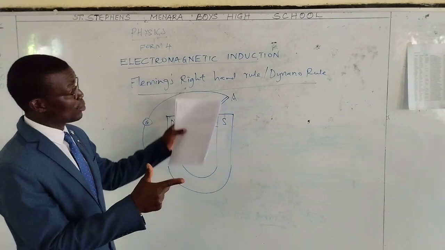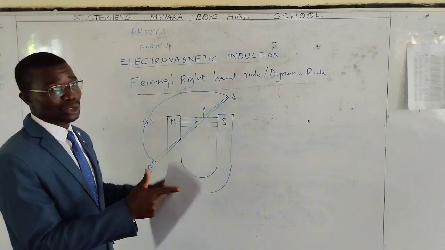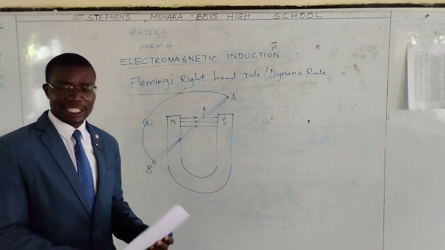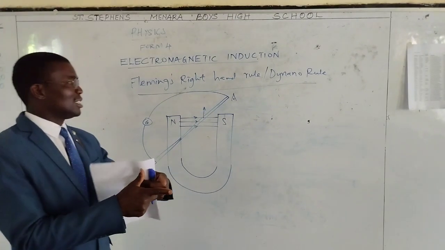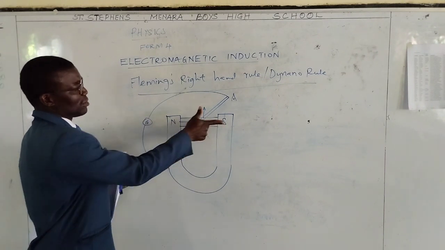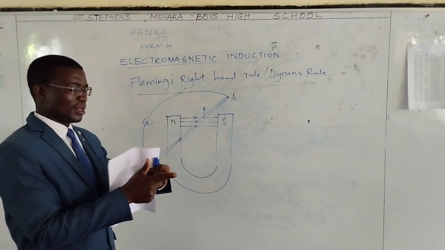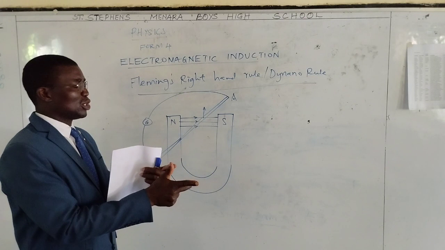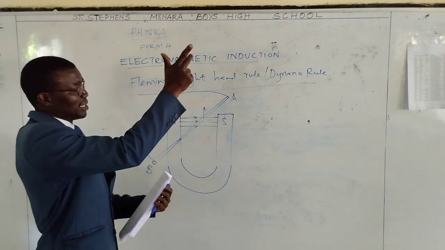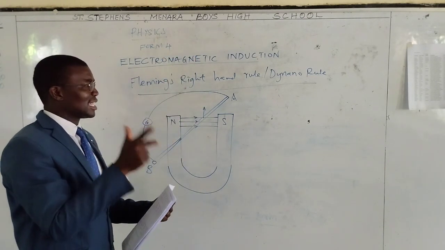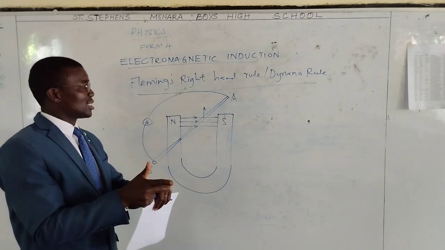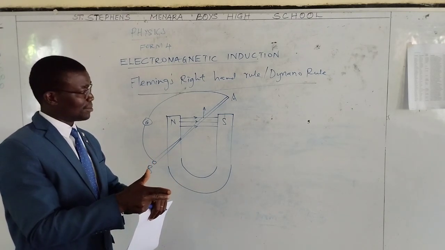Bearing in mind that this rule is used to indicate the direction of induced current in such a way that the first finger shows the direction of the field, the thumb shows the motion of the conductor, then the second finger shows the direction of induced current.